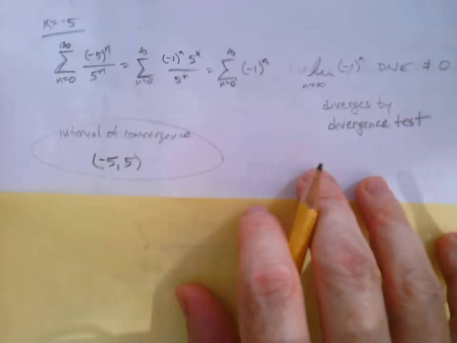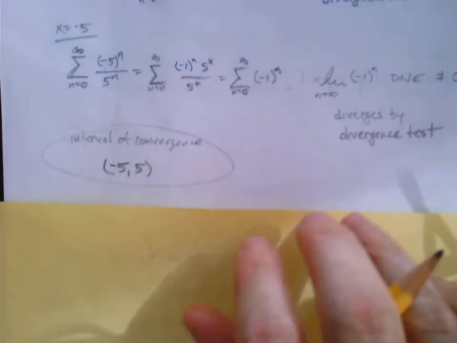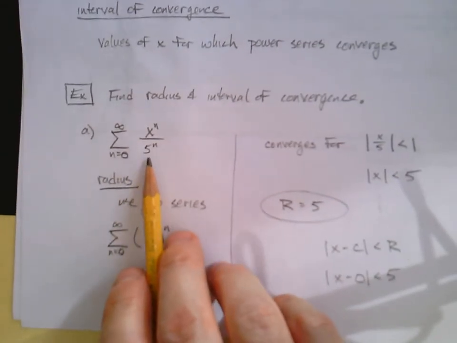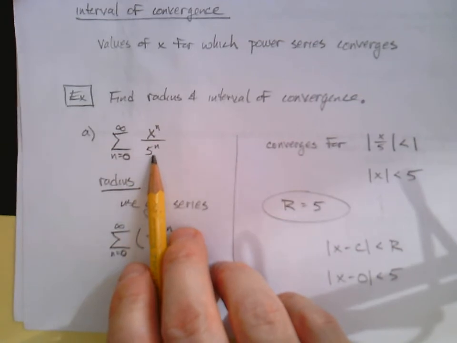Now, what's kind of fun to do, I won't do it here for us together. If we were in class, I would do this, so I'll just encourage you. Go back and take a look at that original series. Maybe find the first 3 or 4 or 5 terms of it.